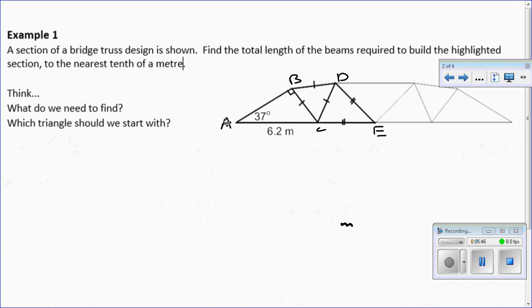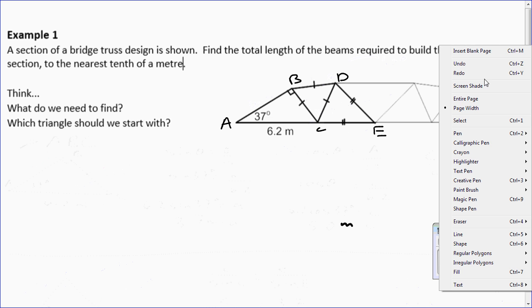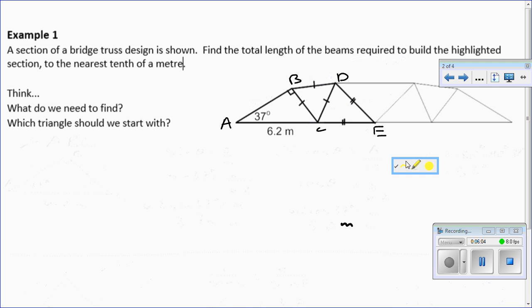Because the 3 triangles depend on each other, it's important to split the triangles up. So I'm going to take a look at the first triangle on the left. We're going to call this the triangle ABC. We're going to work on this triangle here.